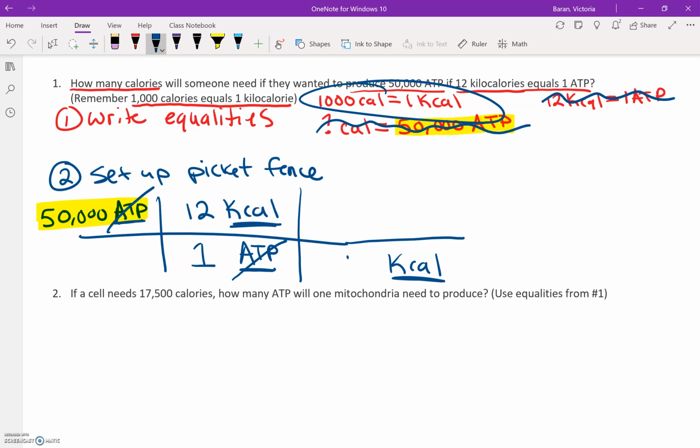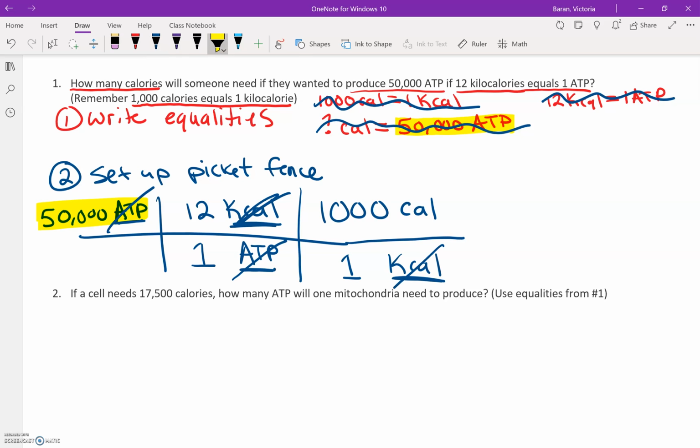According to my equalities, that is 1 kcal, and that is equal to 1,000 calories. And kcal will cancel in the top and bottom. Whatever unit you are left with here, that's what you want your final answer in. So whatever unit you haven't canceled out should be in this spot. That's the unit that you want your answer in.